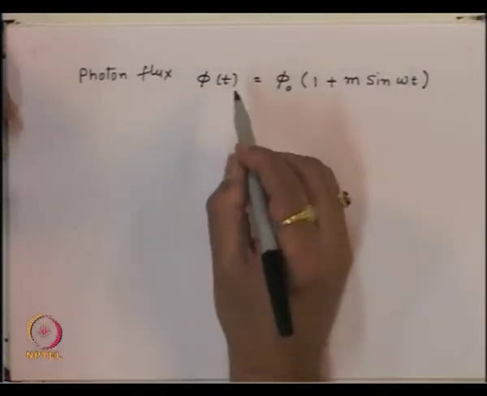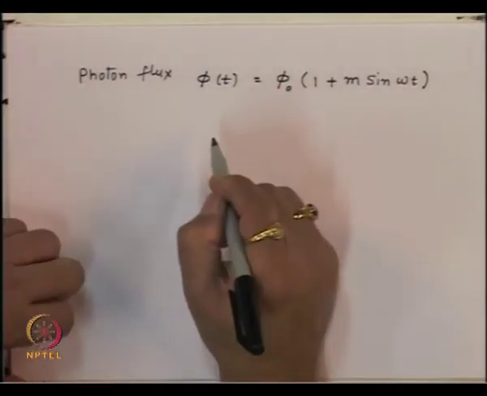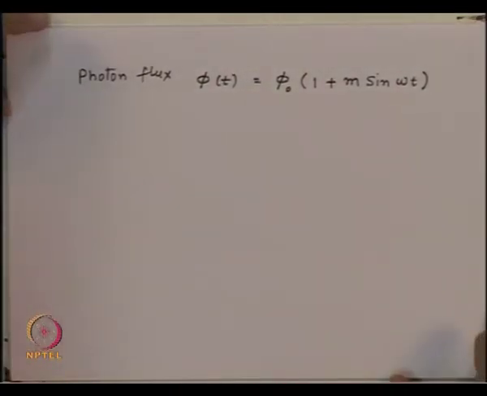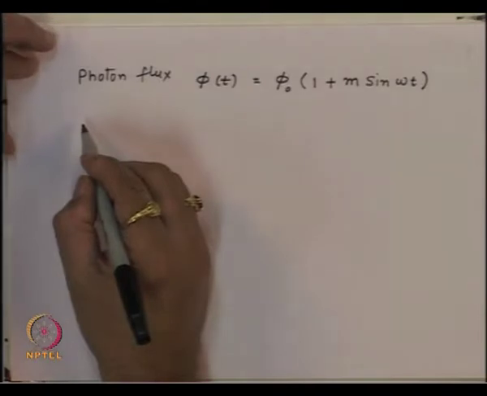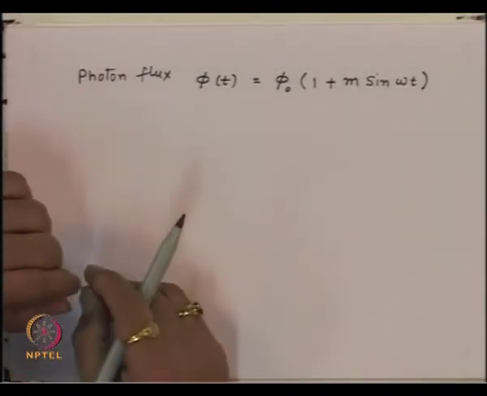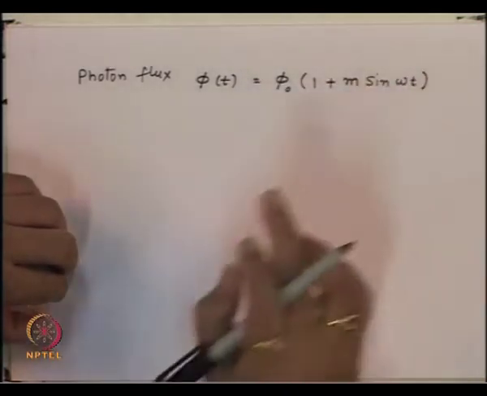Assuming there is no delay in conversion of the photon flux into the corresponding carrier, let us say we have now the carrier generated, which are also having exactly the identical form.